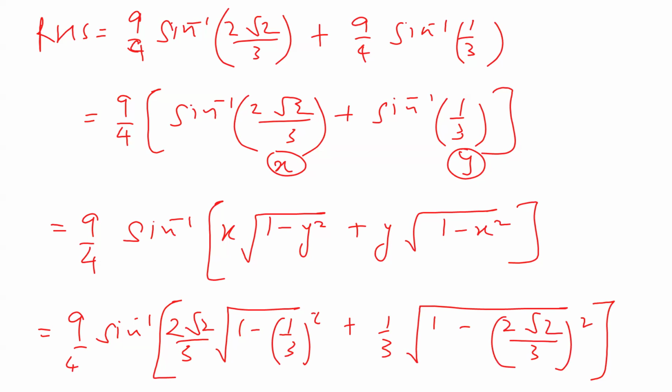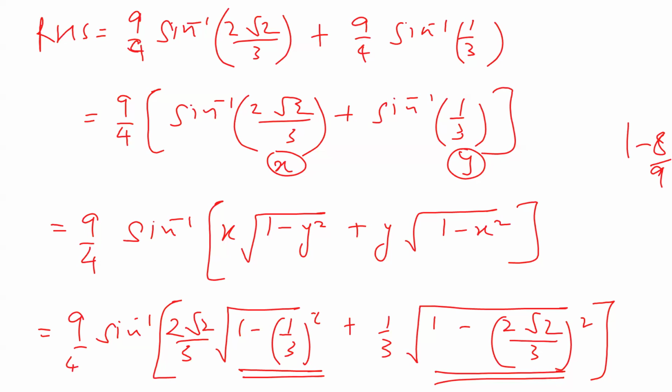Okay, now this value within the root, it's 8 upon 9, and this value within the root, it is 1 minus 2 root 2 by 3 the whole square. What is 2 root 2 the whole square? That is 4 into 2, 8 upon 9. So this is 1 by 9.